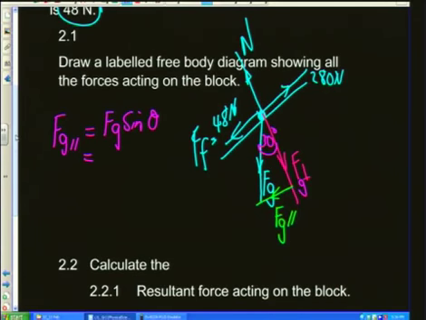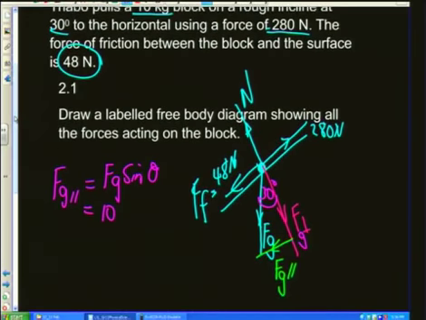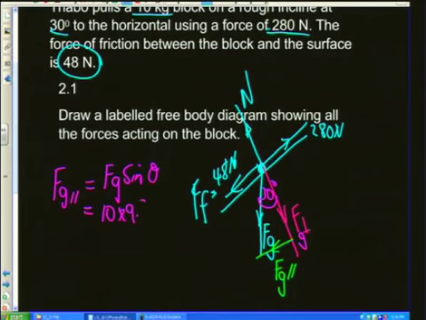Fg is mg, and the mass of the block is 10, times 9.8, times the sine of the angle, which is 30 degrees. So you would work it out to be 98 times half, and that should work out to 49 newtons.